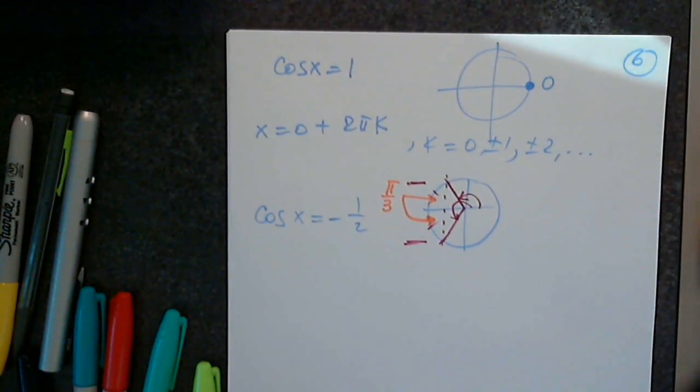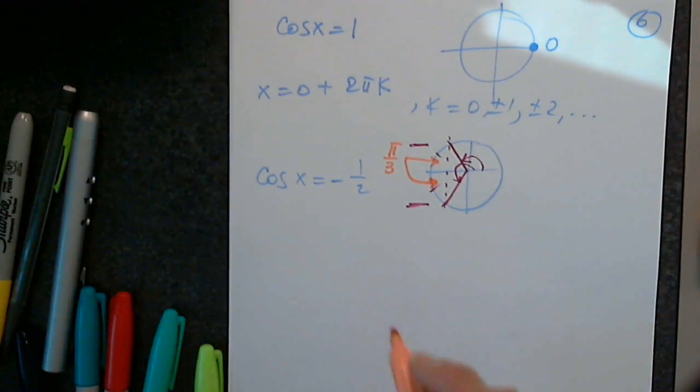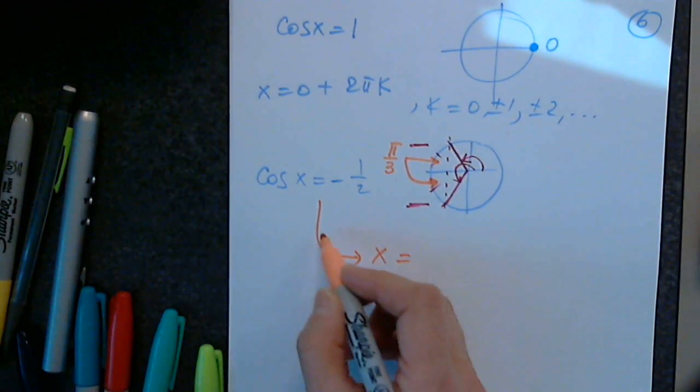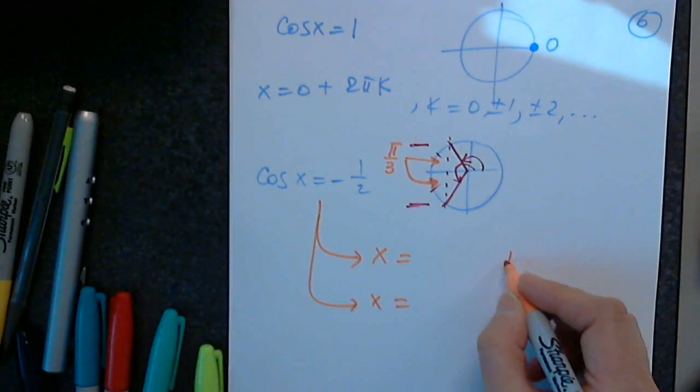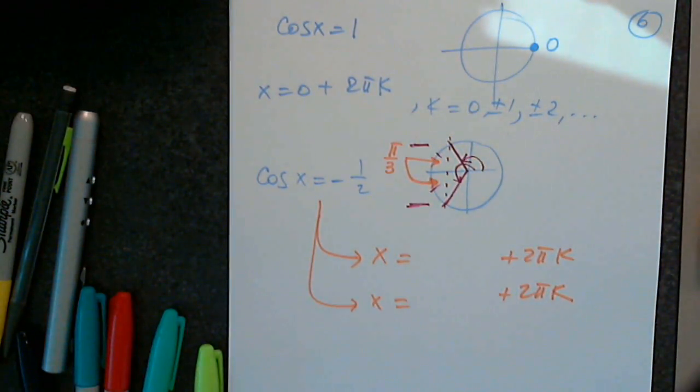So therefore, there are 2 options. Well, infinitely many, but 2 distinct. x equals blank plus 2 pi k and x equals blank plus 2 pi k. Can anyone give us those 2 angles? One with the terminal side in the second quadrant and the other one in the third quadrant.